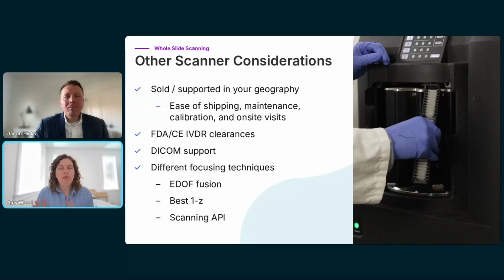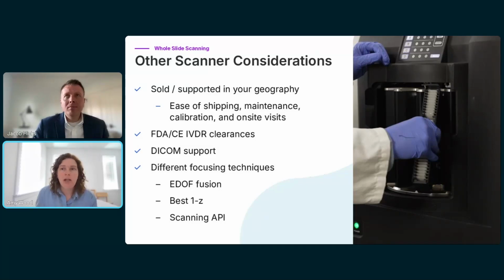If it's in your region, then it's a lot easier to manage shipping, maintenance, calibration, any requirement for an on-site visit. Those things are much easier if it's supported in your area. Another thing to look at is FDA or CE-IVDR clearances. This is really important for a lot of our indications, and so making sure that we have a scanner that's moving towards that is really important.